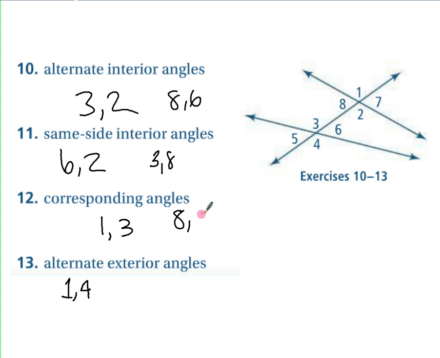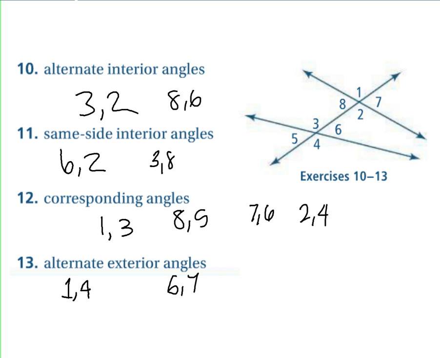Or let's see, we could do 7 and 6, and 2 and 4. Okay, what about alternate exterior? We have 1 and 4. What's my other one? Okay, good. Okay, so being able to identify those is going to help us with identifying angle measure.